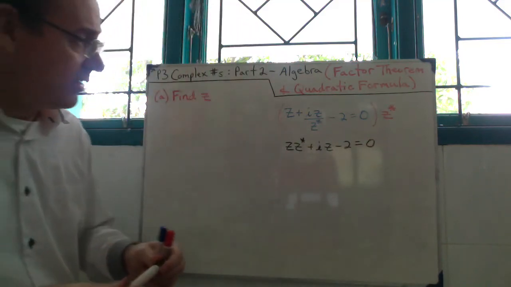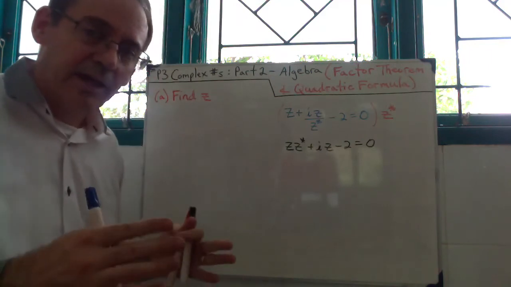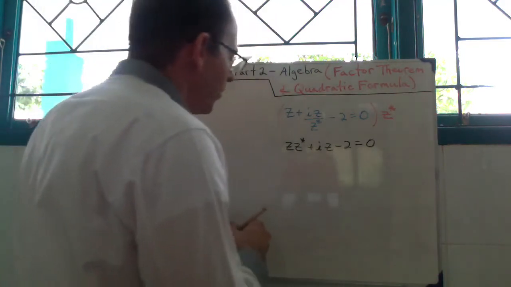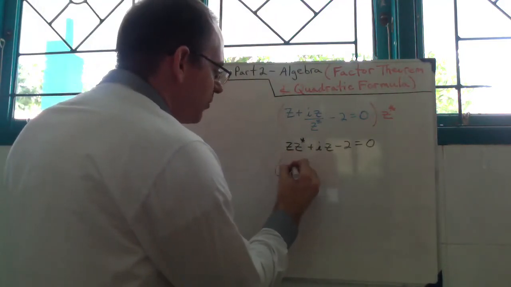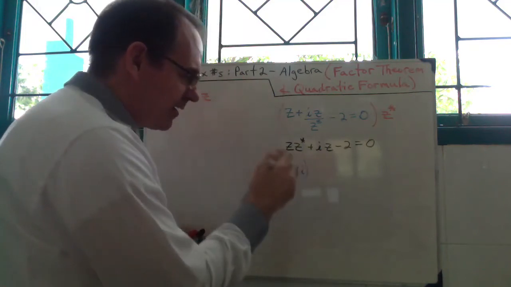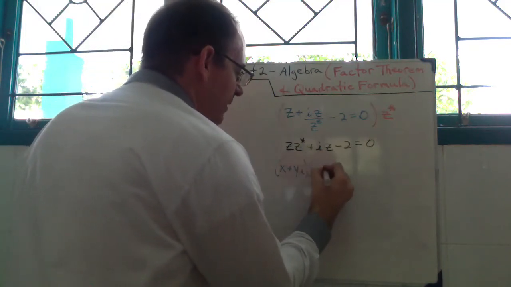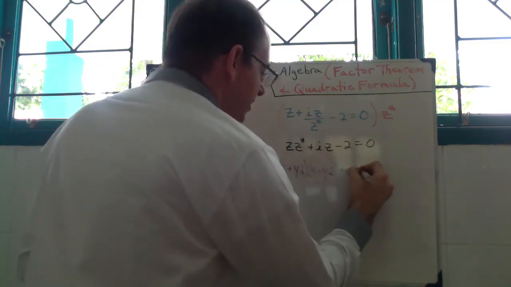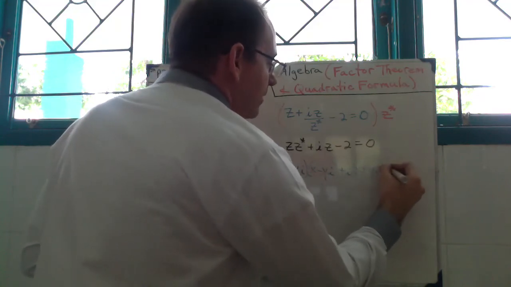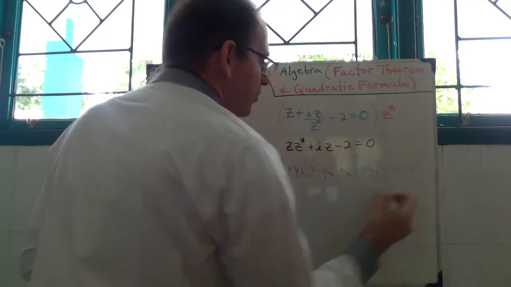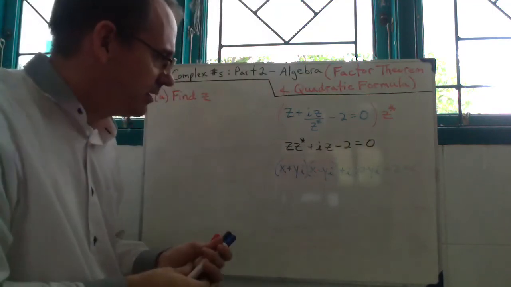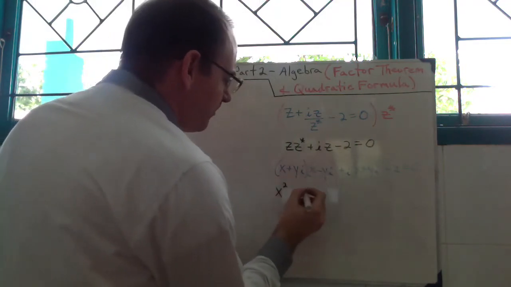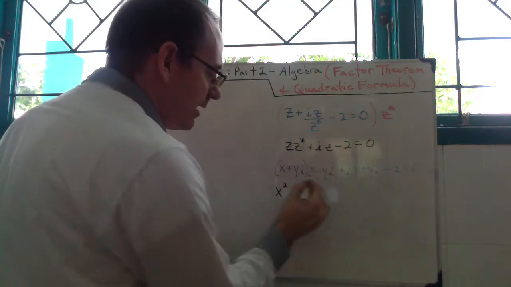Now at this point, we're going to substitute in the format for the z and z star. So z would be x plus yi, and the conjugate is going to be x minus yi, plus i times z, z is the x plus yi, minus 2, and all of this equals 0. So we can go ahead and multiply this out. When we multiply this out, we get x squared, plus xy and minus xy.